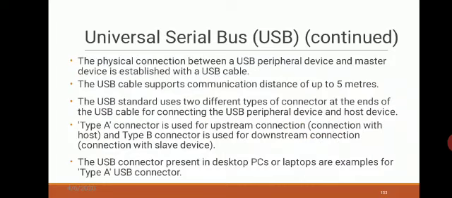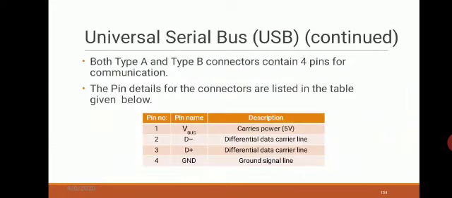Okay, this is used for the upstream connection, that is connection from the host, and type B connector is used for downstream connection, that is from the slave devices. Fine. So the USB connectors present in desktops, PCs and laptops are examples of type A USB connector. So these are the two types of connector at the end of the cable.